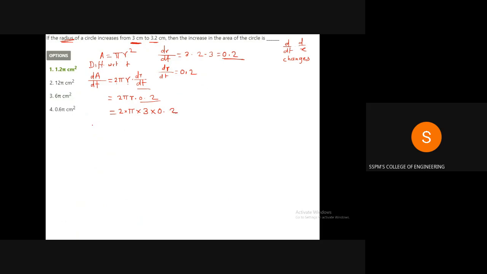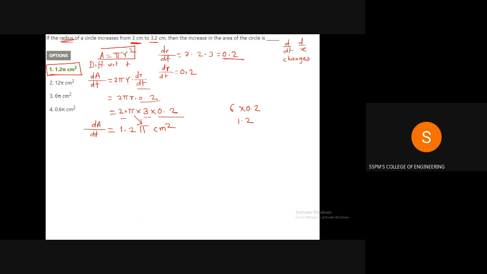Multiplying 2 into 3, it is 6. 6 into 0.2 is 1.2. Therefore 1.2 pi centimeter square. So this is the answer, that is the increase in the area of the circle.